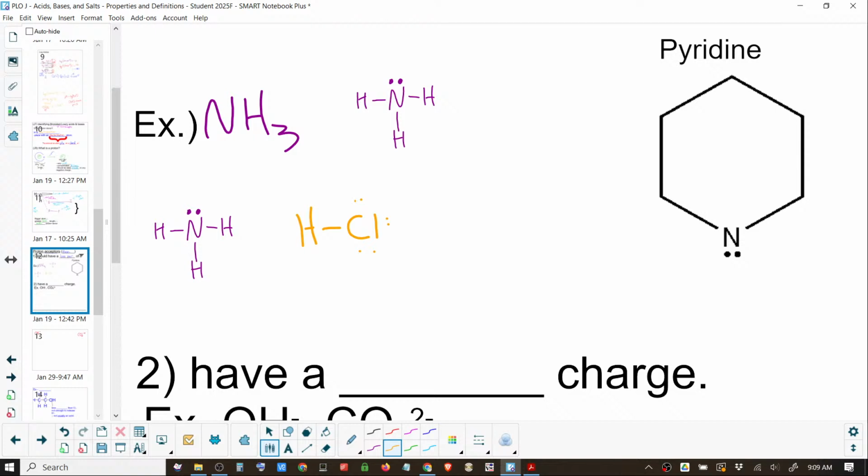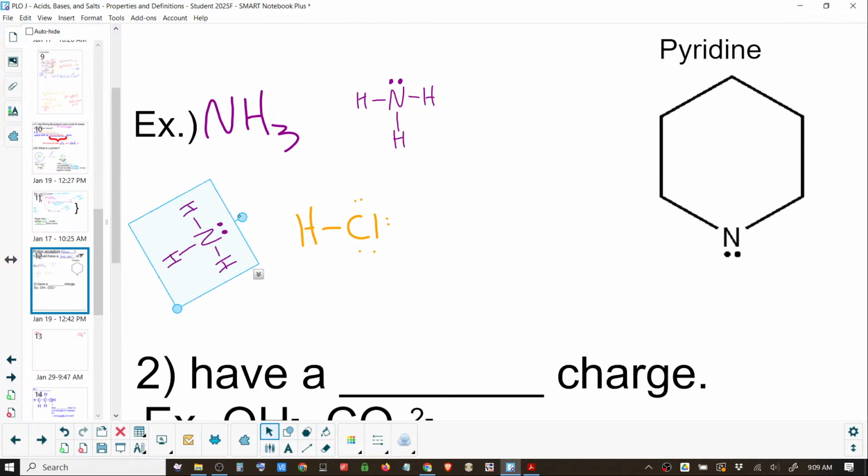This chlorine, like hydrogen iodide, is really big compared to fluorine. It's going to take all these electrons away and kick hydrogen off. What is hydrogen going to be attracted to on the ammonia? The lone pairs. The ammonia has these really attractive lone pairs.